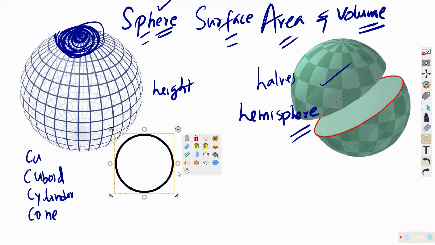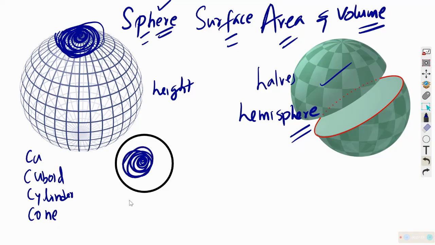If you draw 4 circles of the same radius and remove the thread from the ball and keep the same thread inside the circles like this, you will find that you can exactly fill up the thread in 4 circles of the same radius. And we know the radius of this. If this is pi r square, the 4 circles will be 4 into pi r square. Thus the formula is 4 pi r square practically.